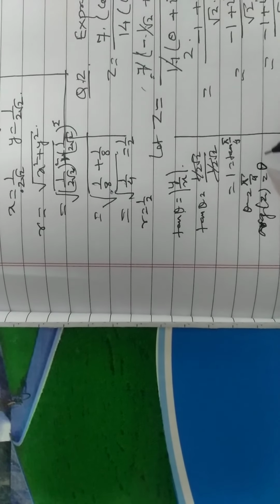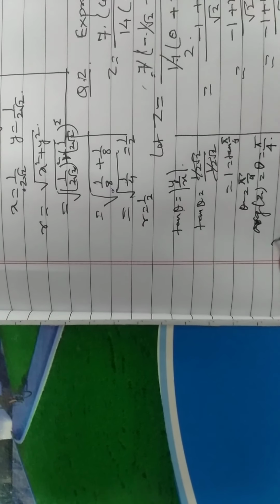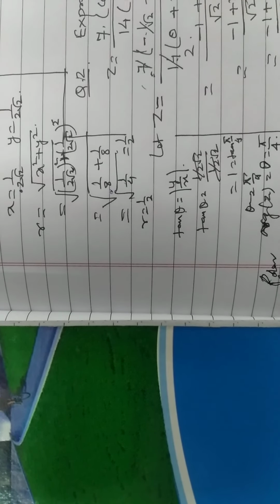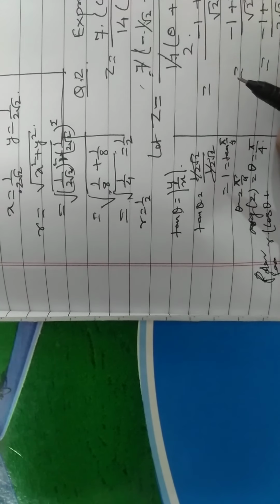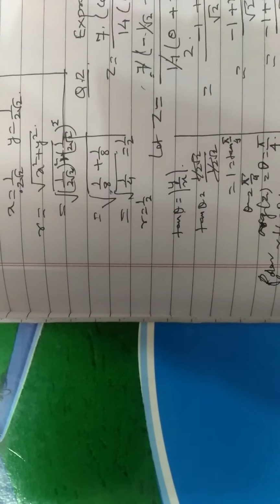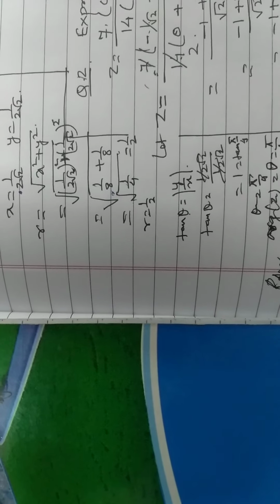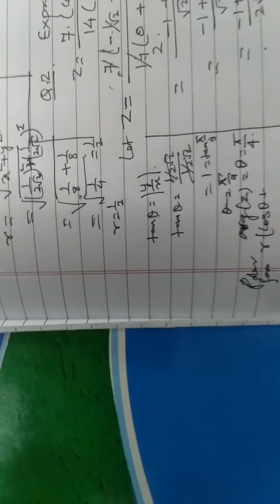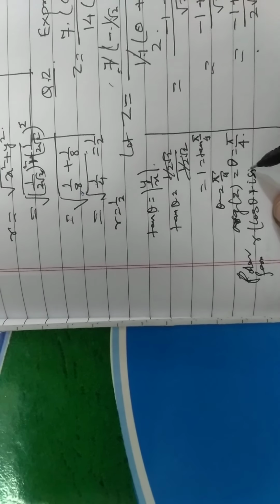So now the polar form will be equal to r cos theta plus i sin theta.